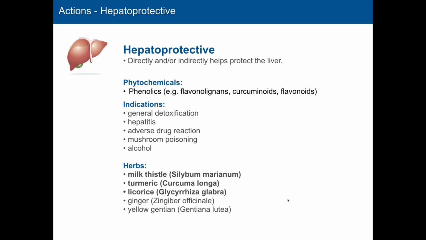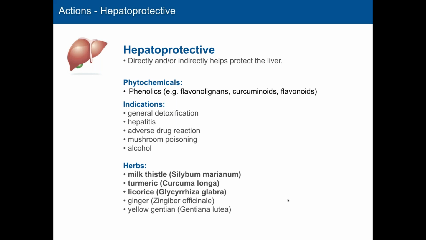And free radicals are often generated during liver detox phase 1 by certain compounds. Also, certain drugs and chemicals and environmental toxins will generate free radicals in the liver as well. And so many of the herbs that have a hepatoprotective effect have those phenolic compounds like the flavonolignans.